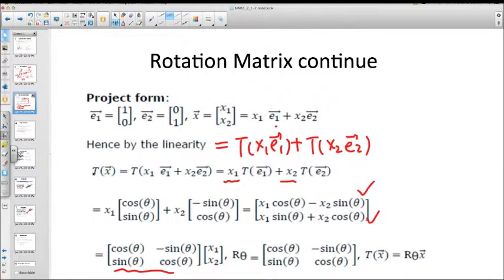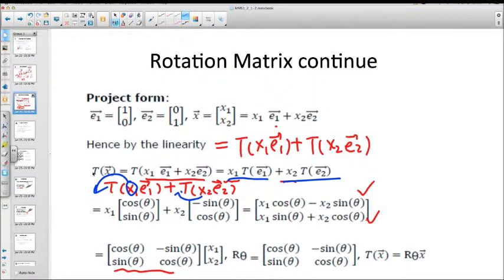Now we use the linearity of the transformation. T of x then equals T of this addition. By the addition property, we can transform first, then add. By the multiplication property, this x1 can come out. And this x2, again, is a number, so you can take it out. That's what you get.